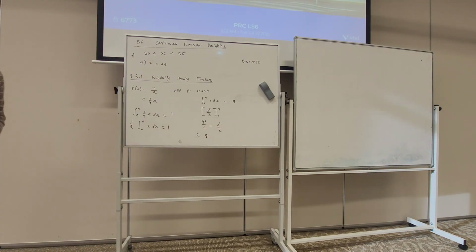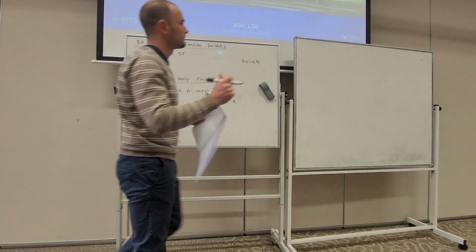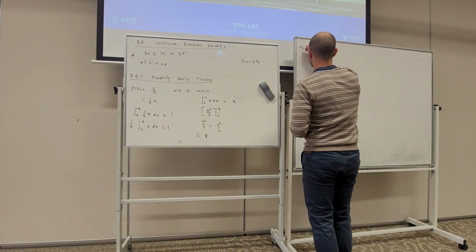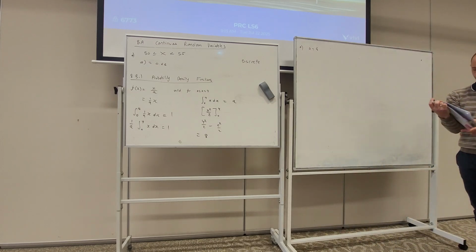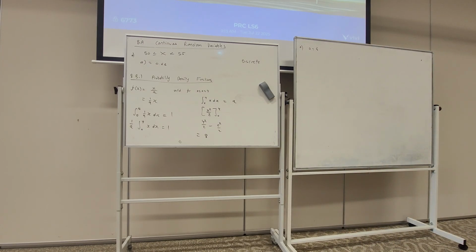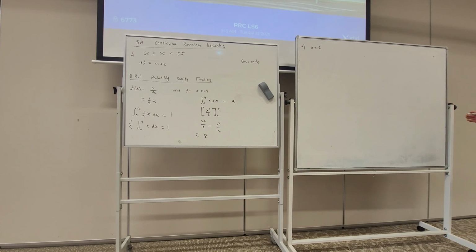Okay, so our value of a, that gives us a valid probability density function, is 8. So the answer to part A equals 8. Part B says find the mean, find the median, and find the mode.